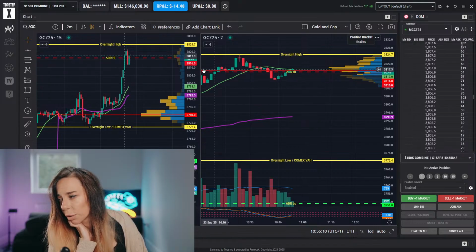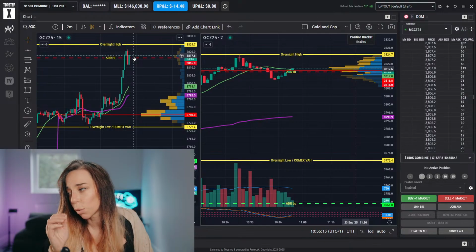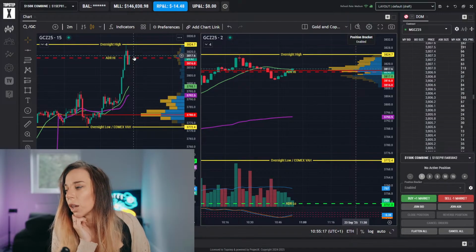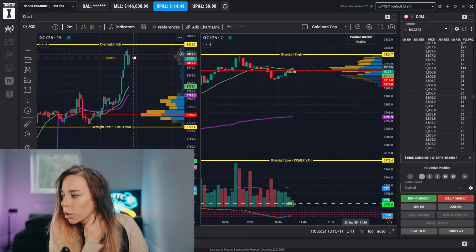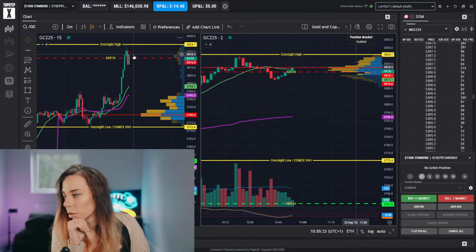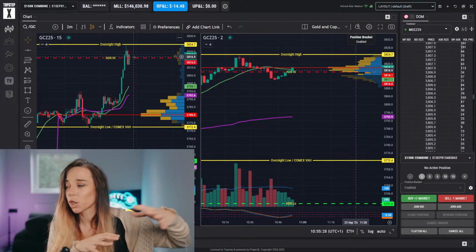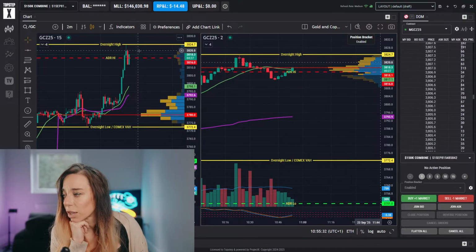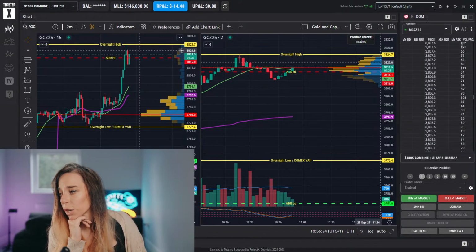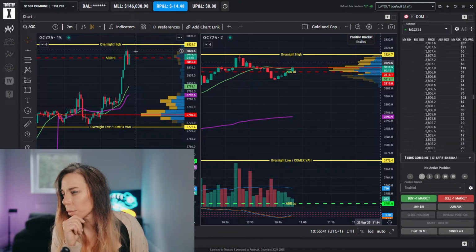ADR high reversal, but I do need it to go back under the ADR high, otherwise it's just reclaiming the area and there's no shorts here. So signal 1 would be that bearish engulfing and the structure change, but we still have to see continuation, and I want to see that continuation before we get to the equilibrium of these two candles, which technically was at 3821. 3820.6 if we're going to nitpick.